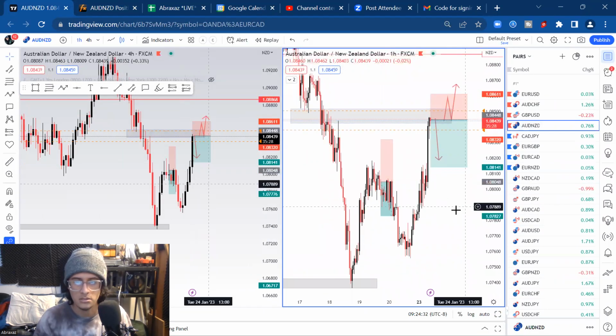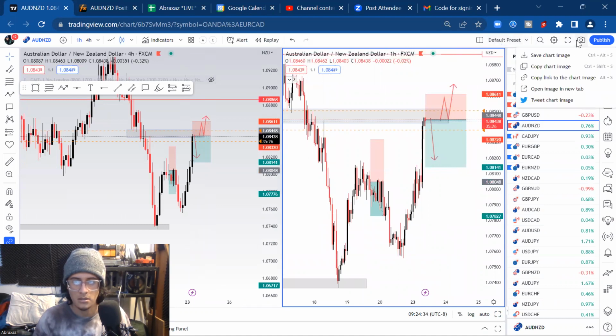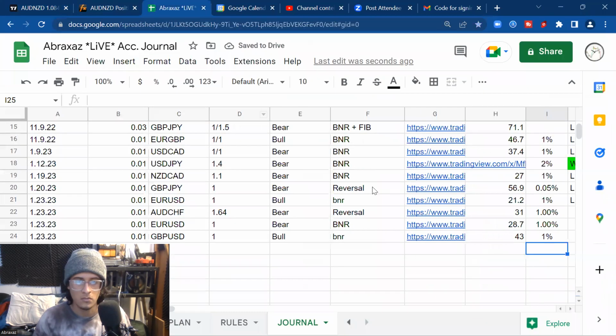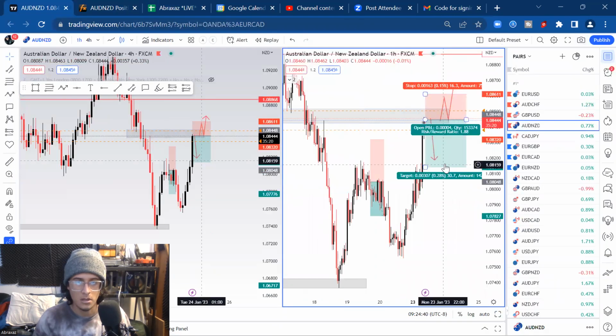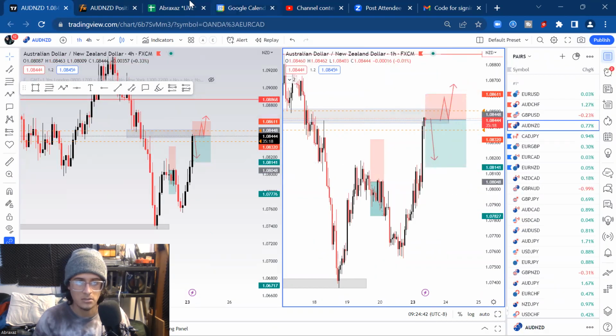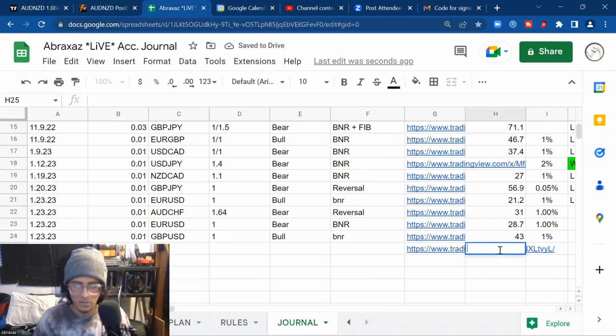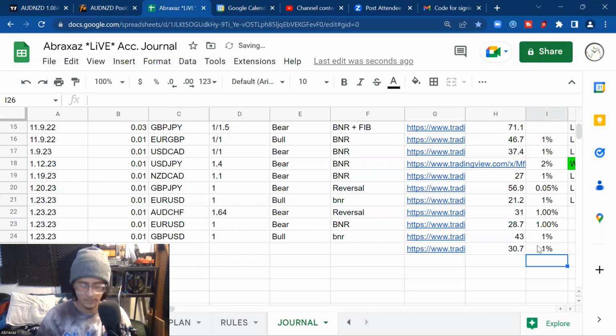So just enter this trade right here. We are at potential 30 pip profit, 30.7, risking about 1%. This is a reversal.